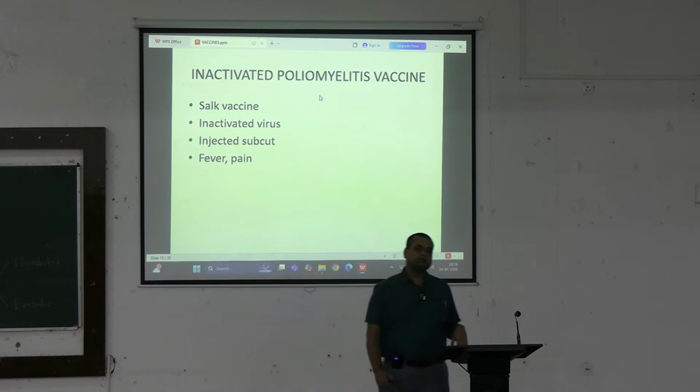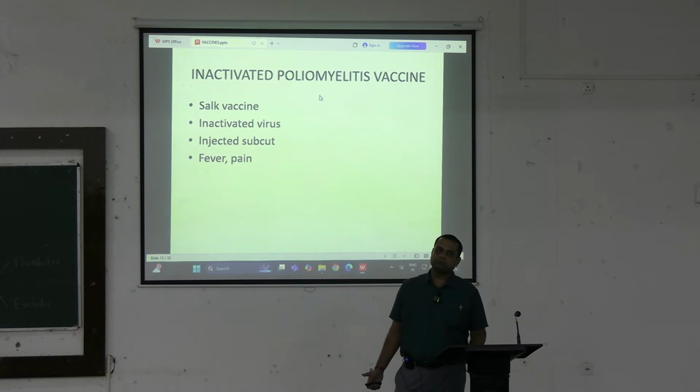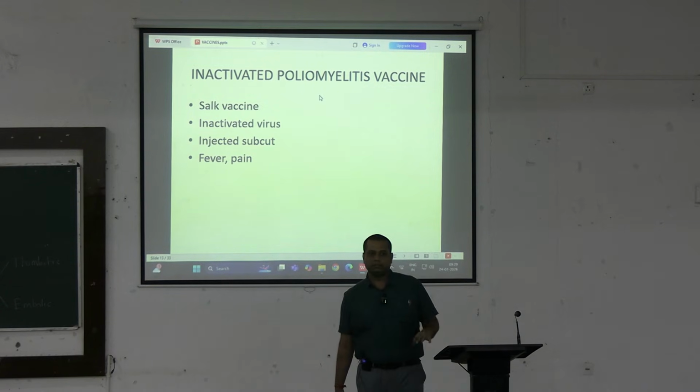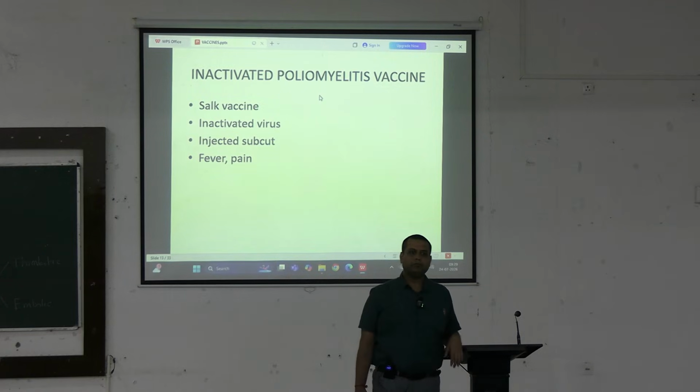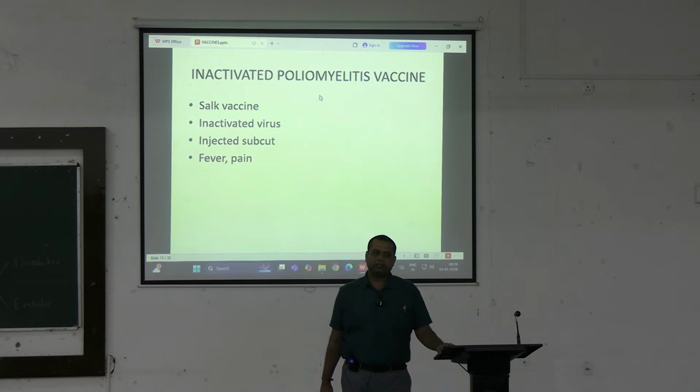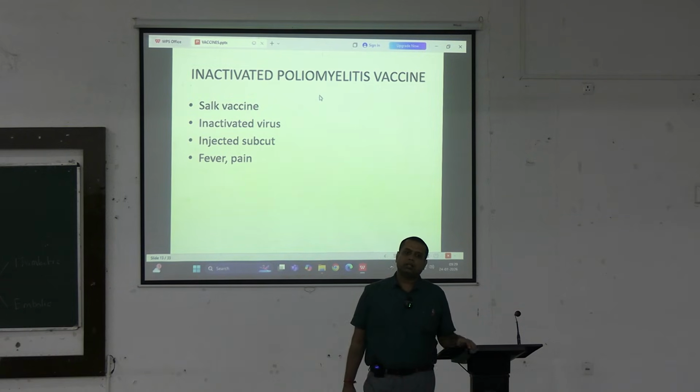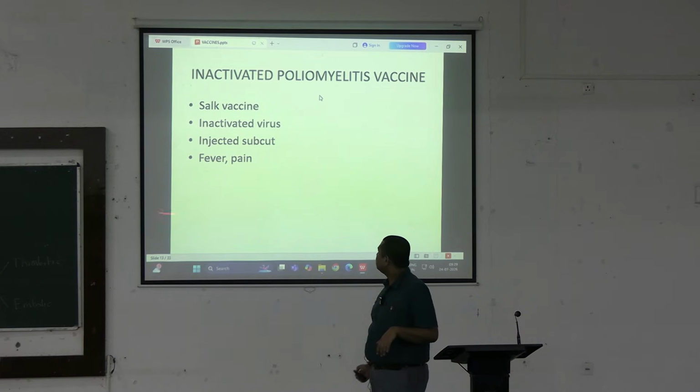The immune response of this parenteral vaccination is more than that of the oral vaccine. Earlier it was only the oral vaccine that was given in the national immunization schedule. Now this parenteral vaccination is also being introduced. ঠিক আছে? So inactivated virus injected subcutaneously.